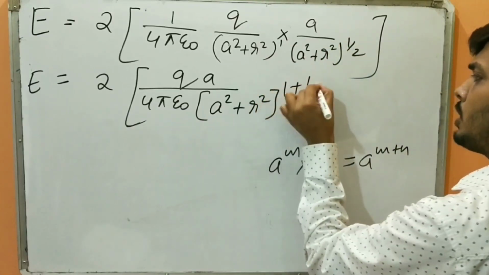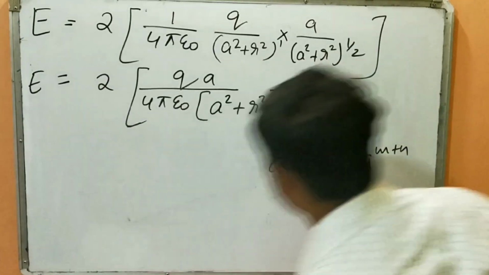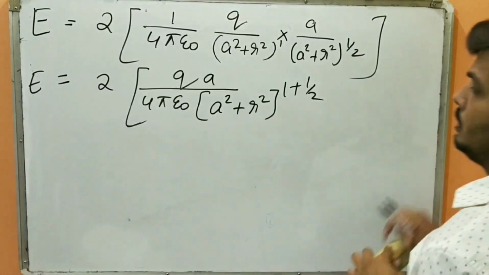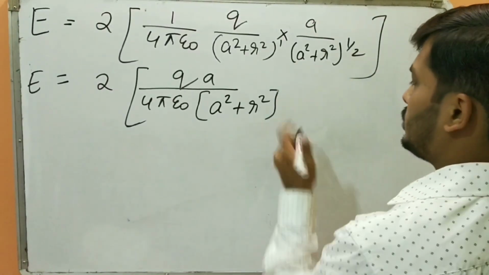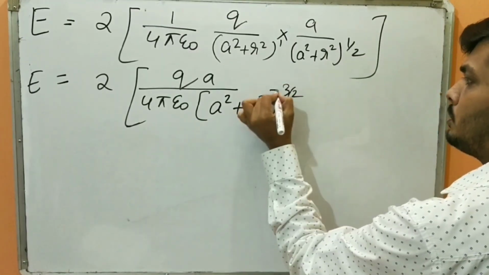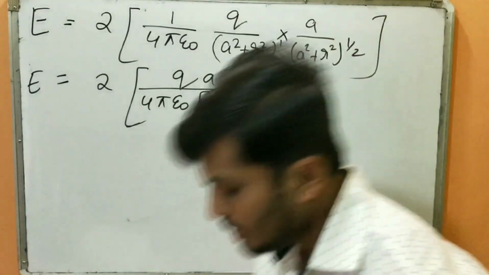So 1 plus 1 by 2 will be what? 2 ones are 2, plus 1 is 3. So directly shall I write 3 by 2? Correct.